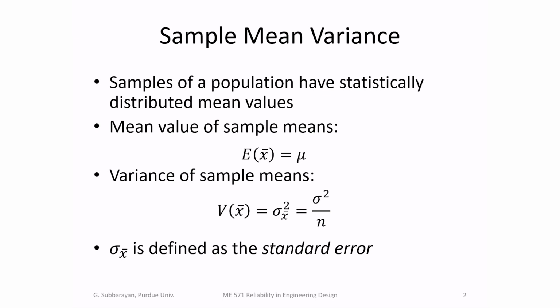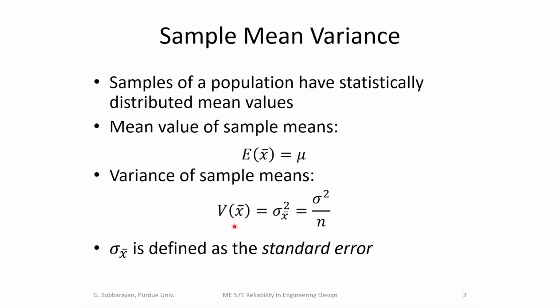So it turns out if you have samples of a population and they have statistically distributed mean values, the sample mean is denoted by x bar, and the expected value of x bar is mu, which is the population mean.